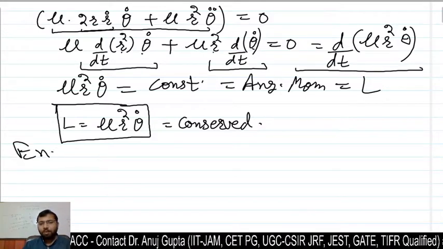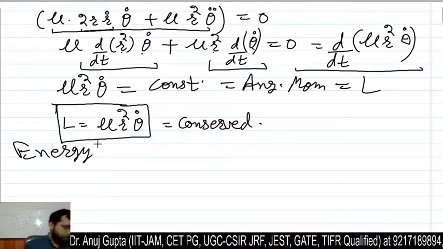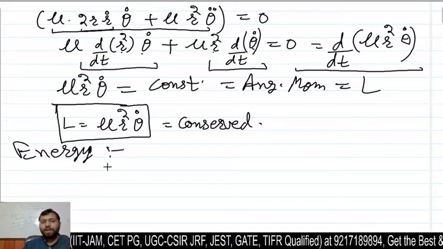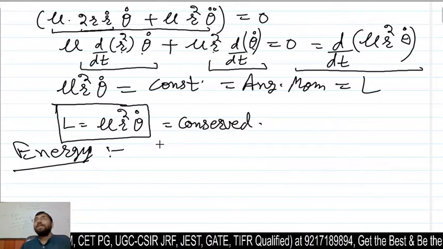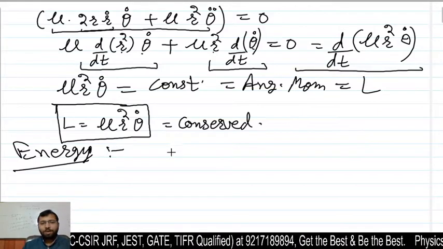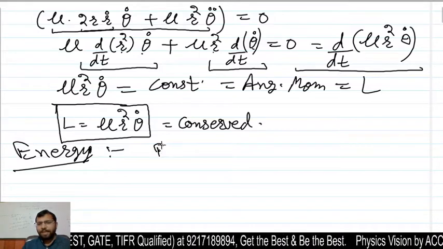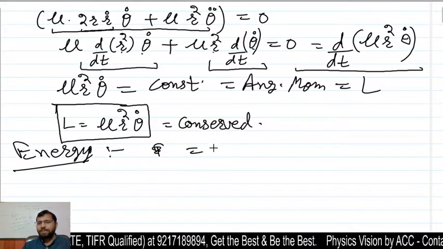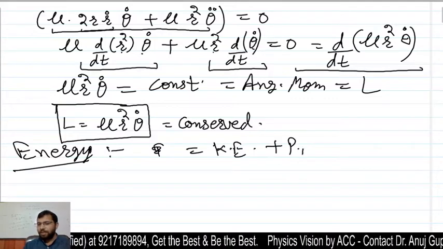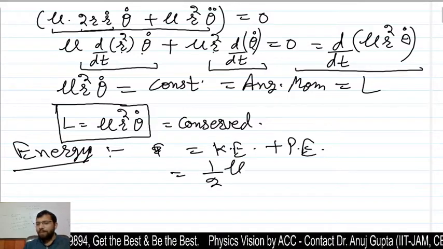Next what we need to do, we need to calculate the value of energy. Okay, energy में क्या होगा, सिंपल है, total energy is given by kinetic energy plus potential energy. लिखते हैं हम बहुत बार, kinetic energy कितनी होगी, half mv square.